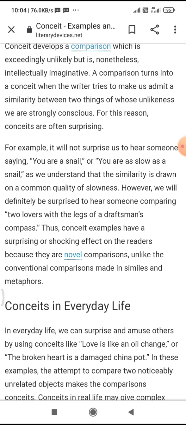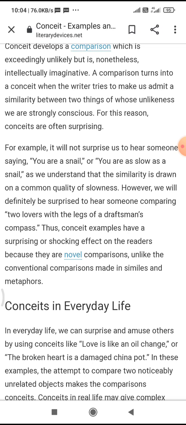Conceit develops a comparison which is exceedingly unlikely but is nonetheless intellectually imaginative. A comparison turns into a conceit when the writer tries to make us admit a similarity between two things of whose unlikeness we are strongly conscious. I'll read it again for you.